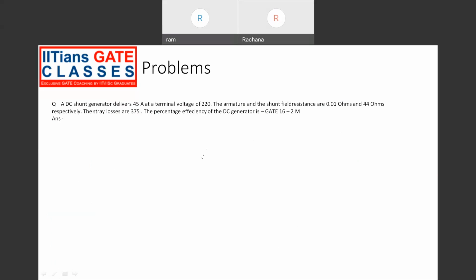Try to solve this. First of all, let's draw the shunt generator: the armature resistance, the shunt field winding.